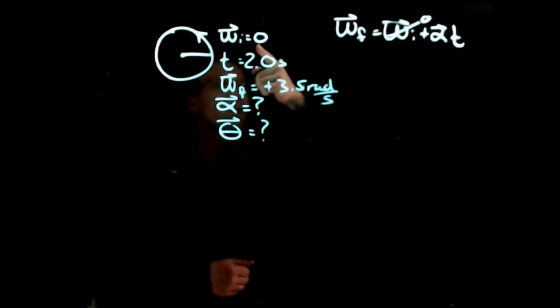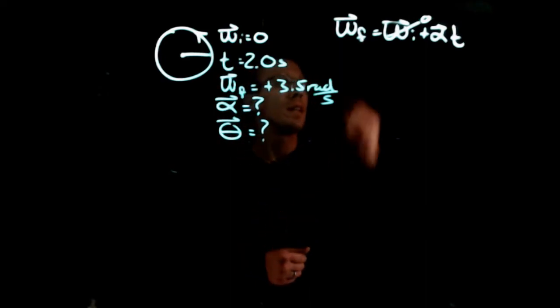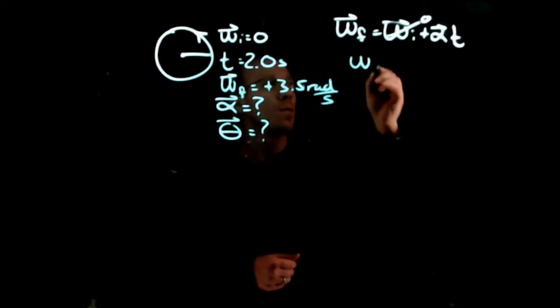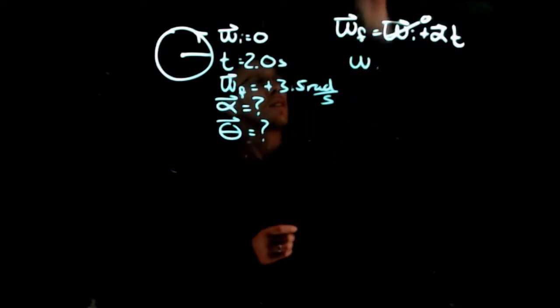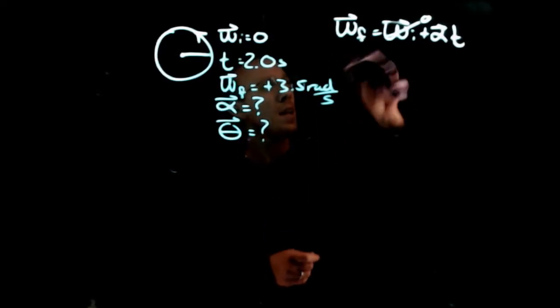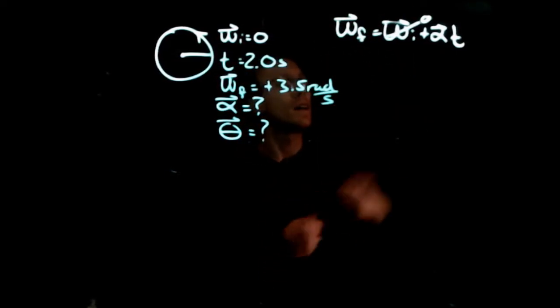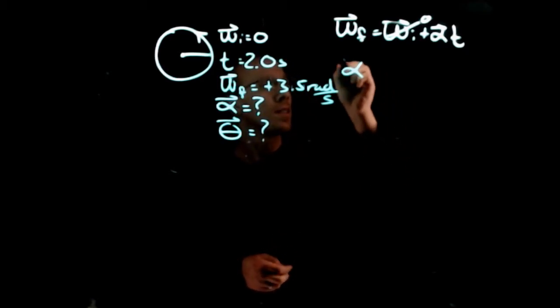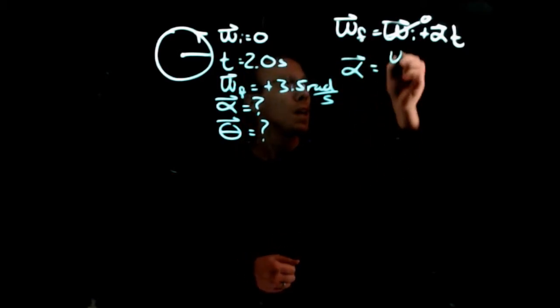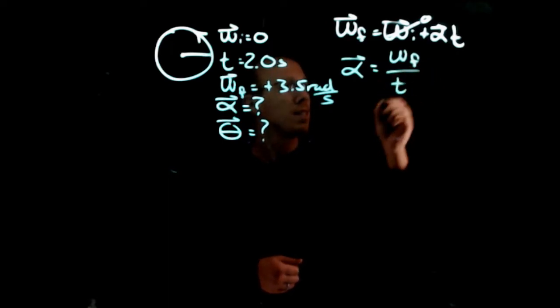Our initial velocity was 0, and so we are going to solve for alpha, or the acceleration. I made a little mistake there. That would be omega f divided by t.